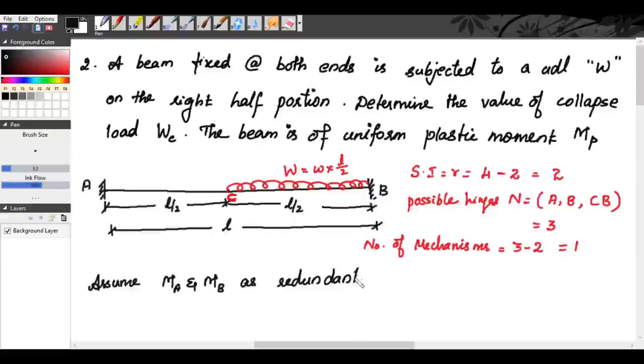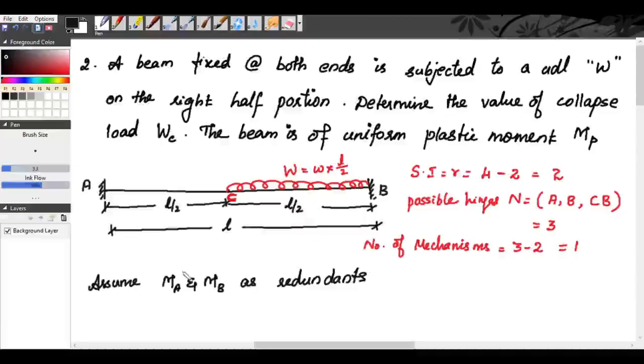See, what are the external reactions? Vertical reaction at A, moment at A. Vertical reaction at B, moment at B. So, any two unknowns we have to take as redundants. So, we are taking MA and MB as redundants, and that they reach the plastic moments. So, this MA and MB becomes plastic. So, the third hinge is likely to occur in between C and B.